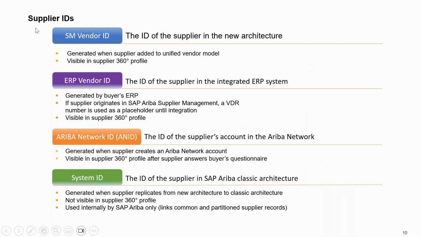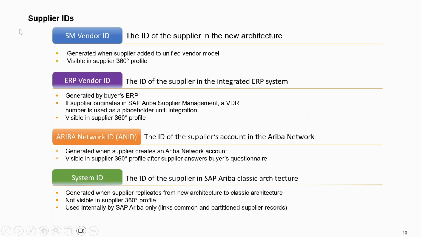So we have four different types of supplier IDs. The first is the SM vendor ID. This is the ID given by Ariba as a sequential number range. It is generated straight away from Ariba, and we have no control over it. The moment a vendor is created, this number gets assigned to the vendor as a unique number.